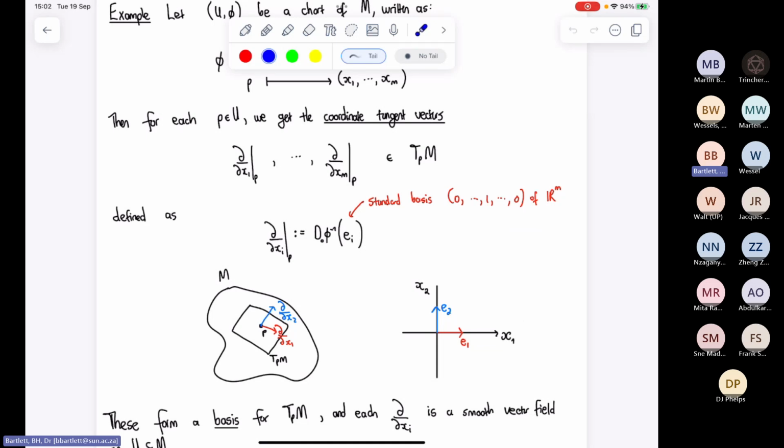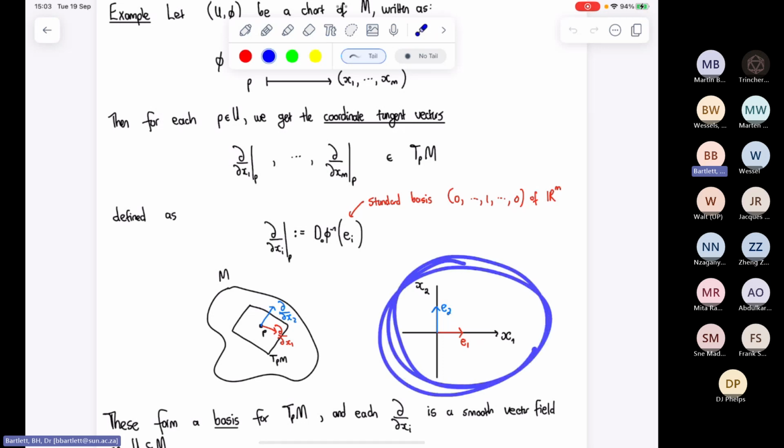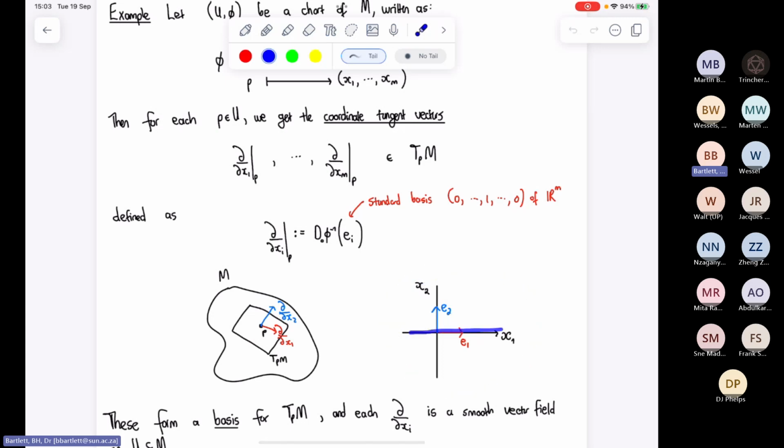For example, the ∂/∂xi is the curve in which I take the chart. So I look at R^m, and I've got these canonical coordinate curves where I just change the ith coordinate. For example, here's a curve that goes through the first coordinate. So the first coordinate is equal to t, and the rest is equal to 0.